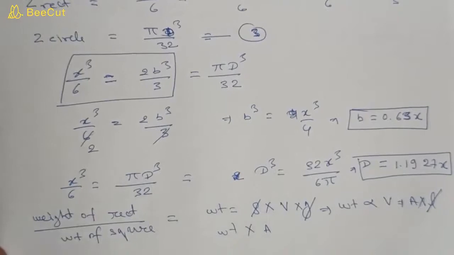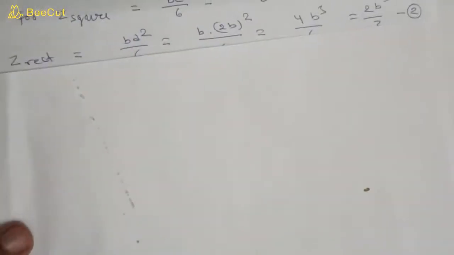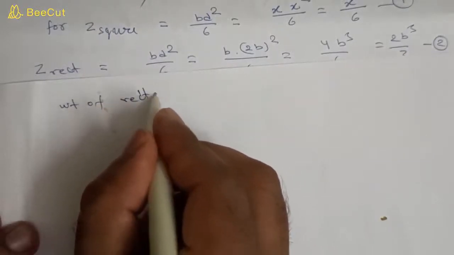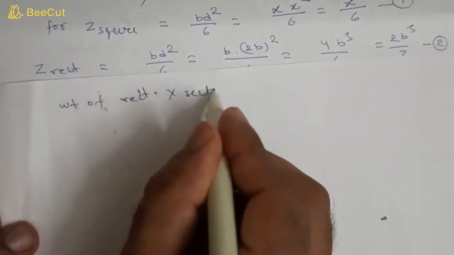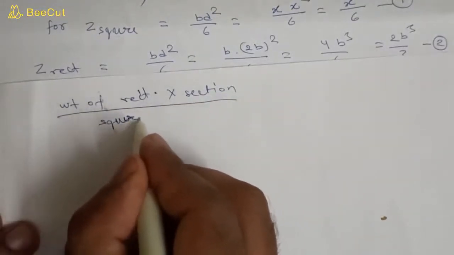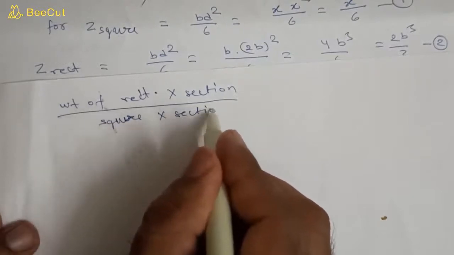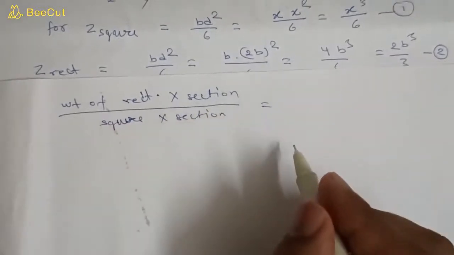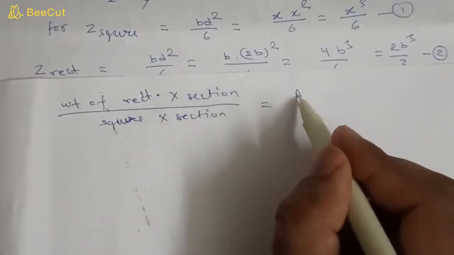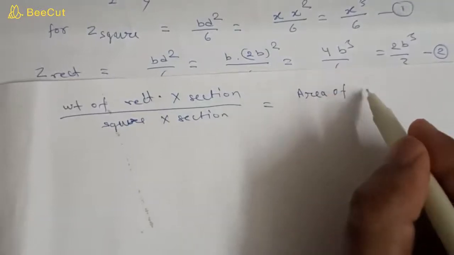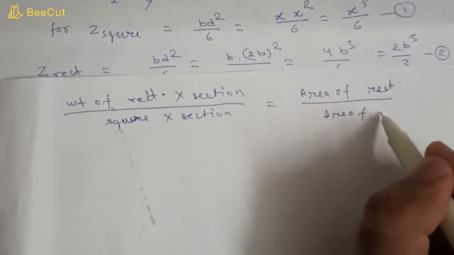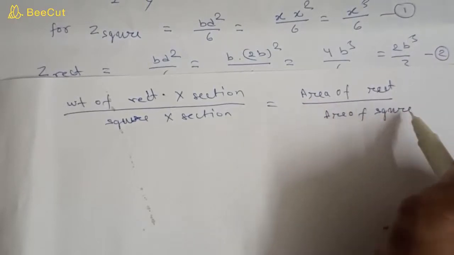So let's see, weight of rectangular cross section divided by square cross section is equal to the area of the rectangle divided by the area of the square.